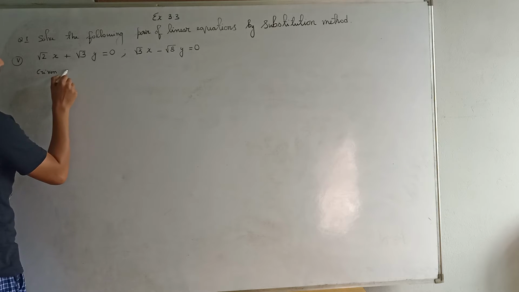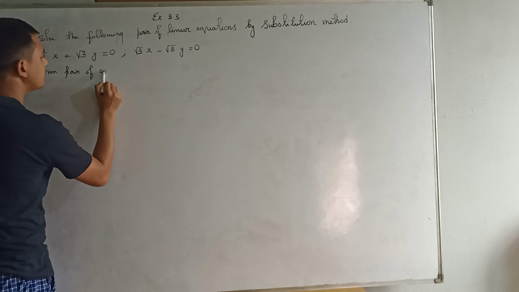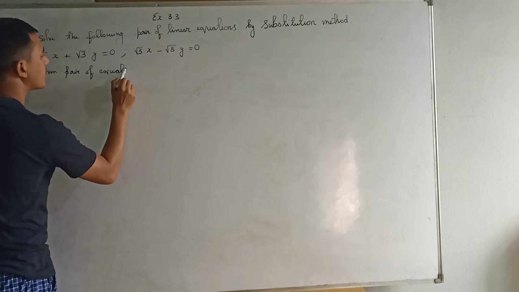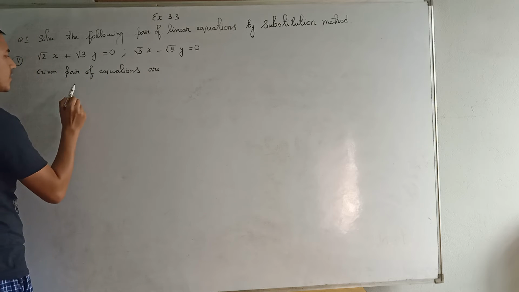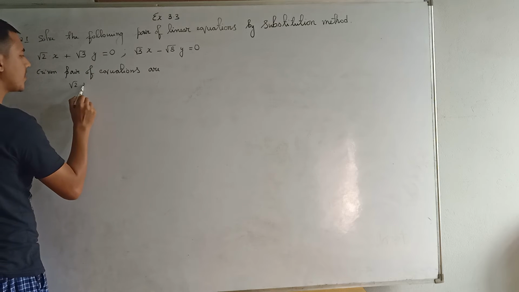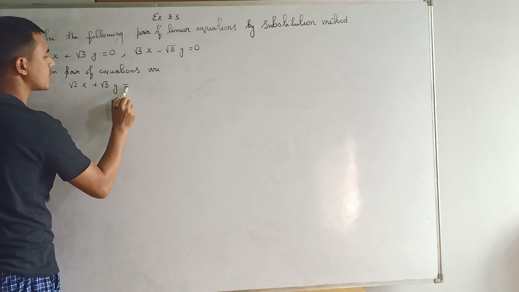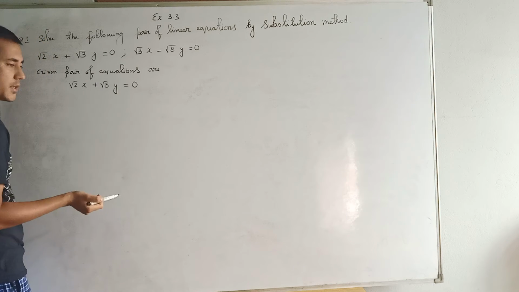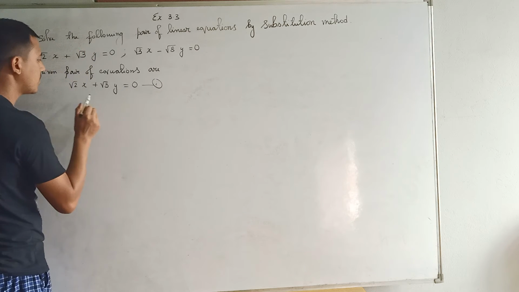Given pair of equations are square root 2 times x plus square root of 3 times y is equal to 0. You have no constant term here. Equation 1.